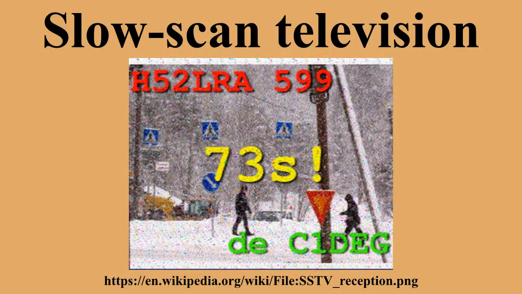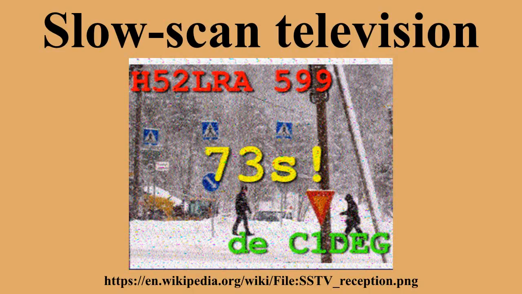Header. A calibration header is sent before the image. It consists of a 300 millisecond leader tone at 1900 Hz, a 10 millisecond break at 1200 Hz, another 300 millisecond leader tone at 1900 Hz, followed by a digital VIS code identifying the transmission mode used. The VIS consists of bits of 30 milliseconds in length.